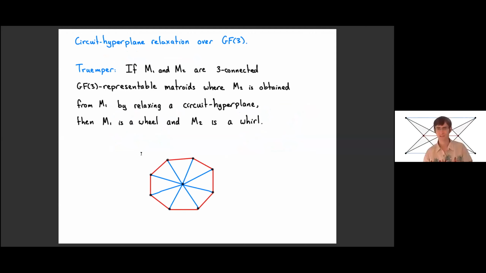Here's a general result, but let me just say it in the 3-connected case. If you have two 3-connected GF3 representable matroids and one is obtained from the other by a circuit hyperplane relaxation, then one of them is a wheel and the other one's a whirl. Massively structured.